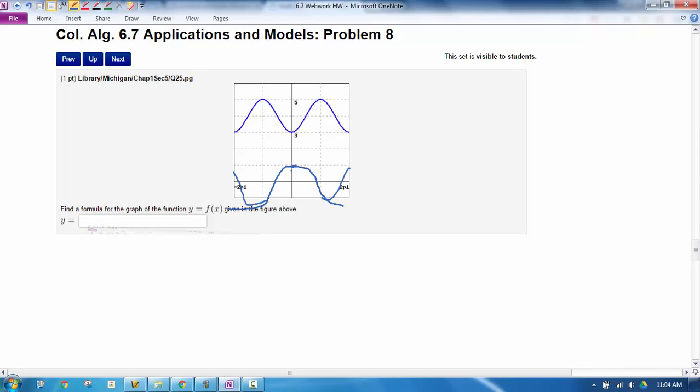But I'm going to reflect this by making it negative cosine of x, so that I make it this red function right here. And then I'm also going to shift it up 4 units so that the middle line is right here. So I'm going to move it up 4 units like that, and that's my answer.